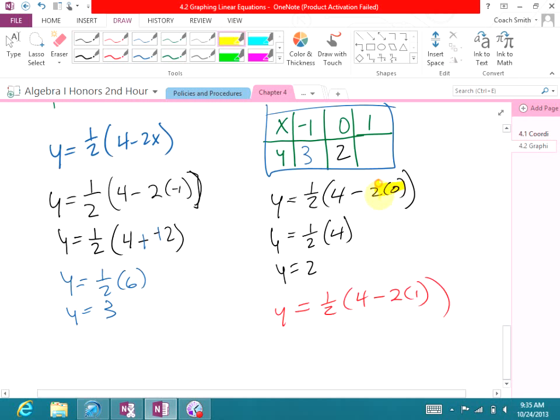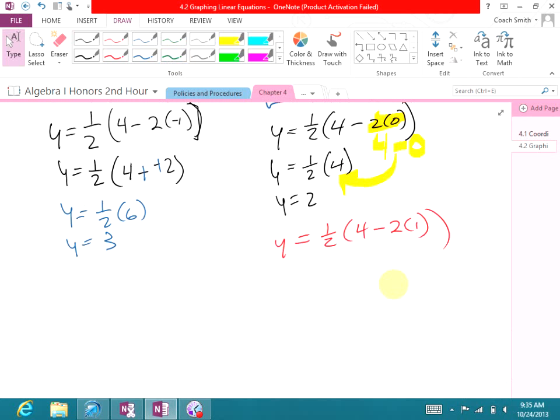I have to do this part first, which is 4 minus 0. And that's how I got this 4 right here. Was 4 minus 0. All right, now, down here, this gives me y is equal to 1/2 times 4 minus 2. Because 2 times 1 is 2.